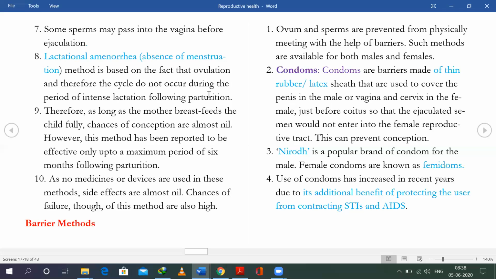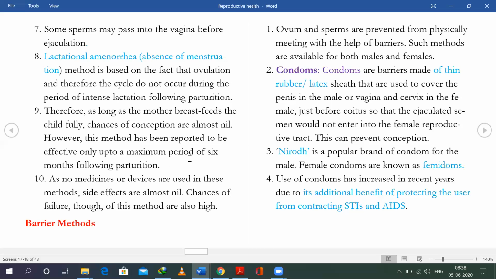So in the menstrual cycle, the ovulation will not happen after the parturition, during the lactation. The first 6 months of the lactation period is the intense lactation period, right? Therefore, if the mother breastfeeds the child fully, the chances of conception are almost nil.